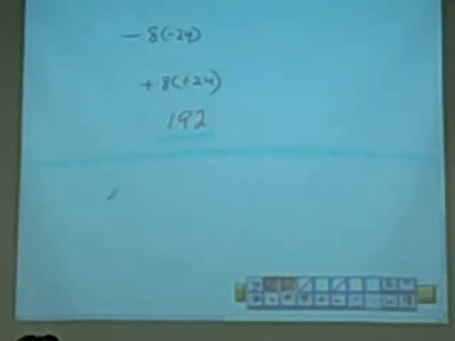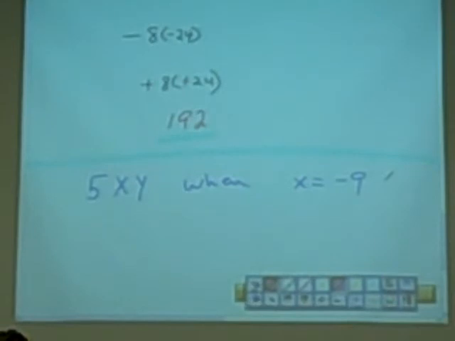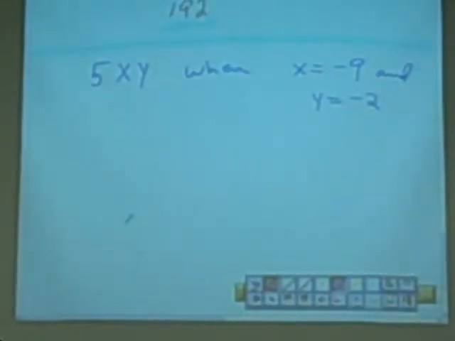Okay, now let's say we want to evaluate 5xy when x equals a negative 9 and y equals a negative 2. Okay, so we're going to cut out the x and put parentheses, and we're going to cut out that y and put parentheses there.